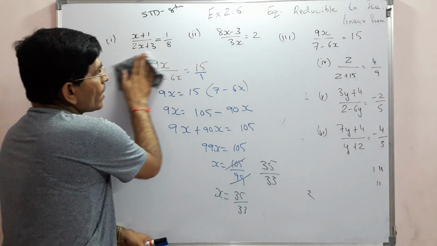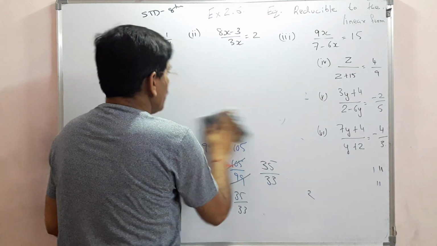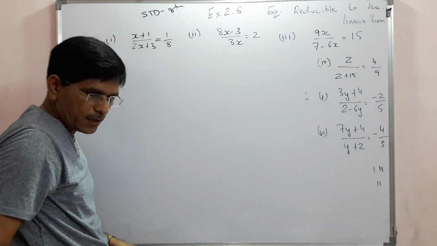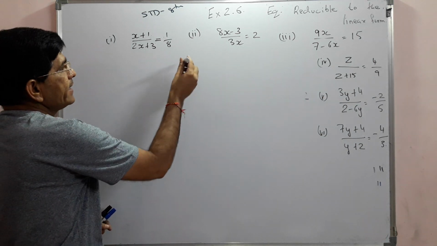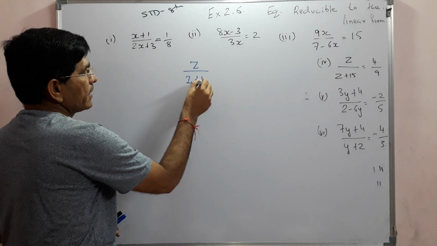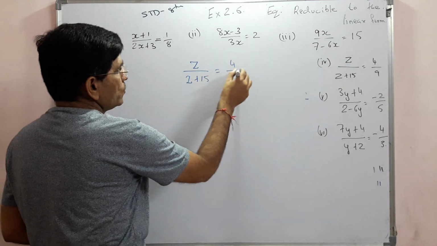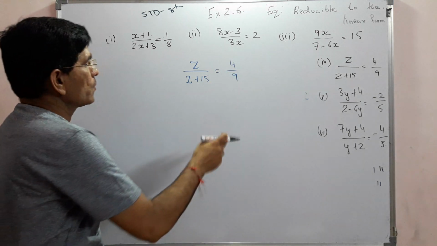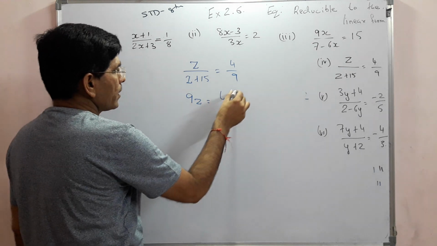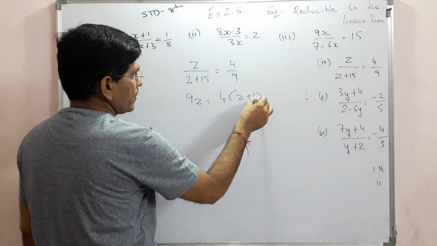Now the fourth sum. Variables can be a, b, c, d, x, y, z, any variable we have used. So here z is given as a variable, and we have to do the cross multiplication. So 9 into z, that is 9z is equal to 4 in bracket z plus 15.